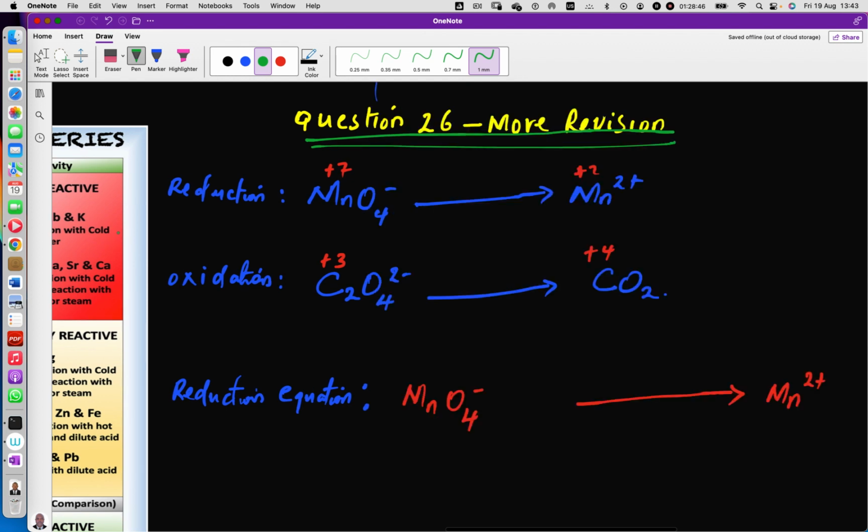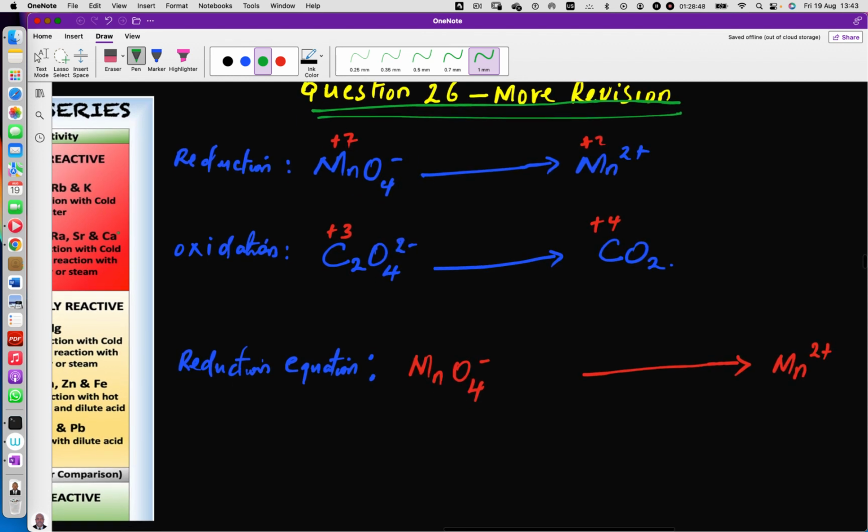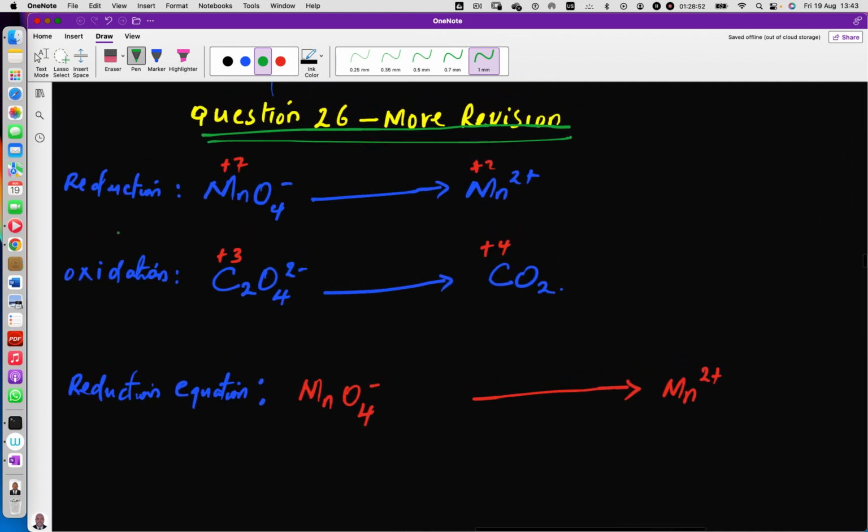This is a redox equation. Being a redox equation, in order to write it, you must know which one is being reduced. To know whether manganese is oxidized or reduced, you have to calculate the oxidation number of manganese here.